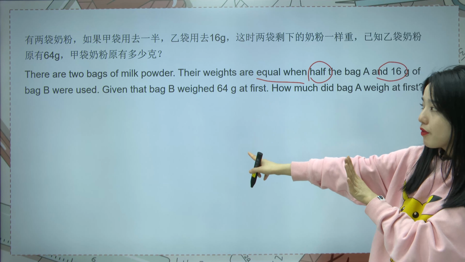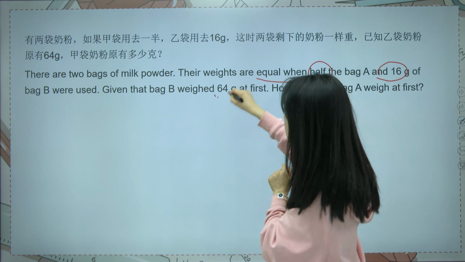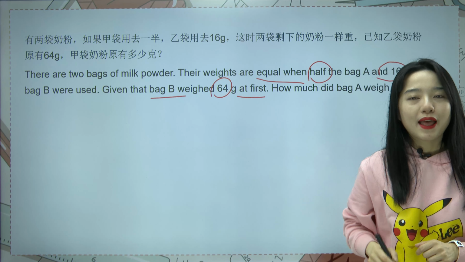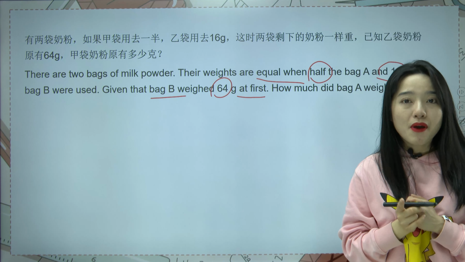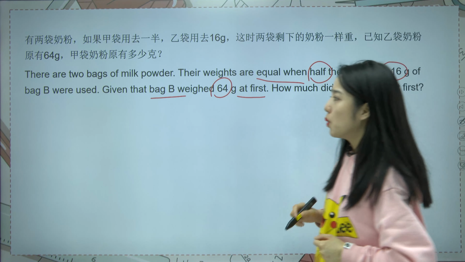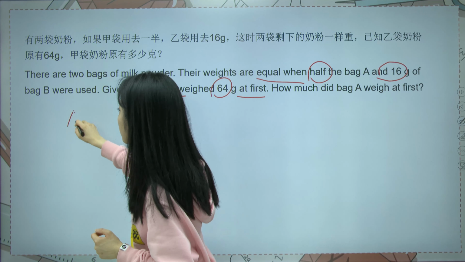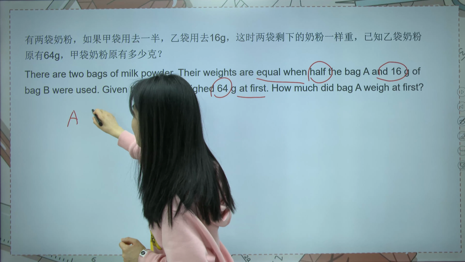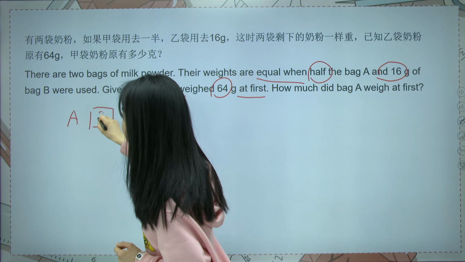We know that bag B weighed 64 grams at first. We want to know how much bag A weighed at first. There are 2 things we want to compare, but we don't know how much A weighed at first, so use a question mark here to represent it.